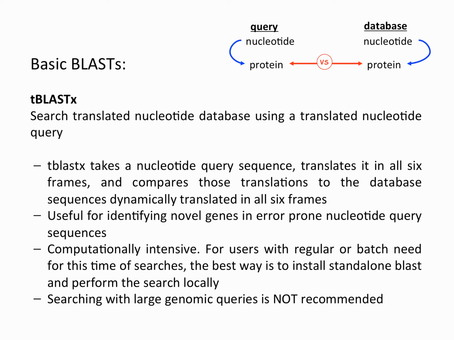T-BLAST-X is computationally intensive, so it is not recommended for searches of large genomic queries. In general, for users with regular needs for this type of search, the best way is to install a standalone BLAST and perform the search locally.